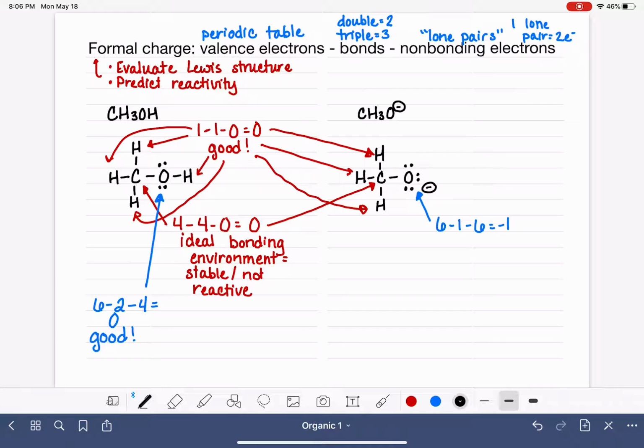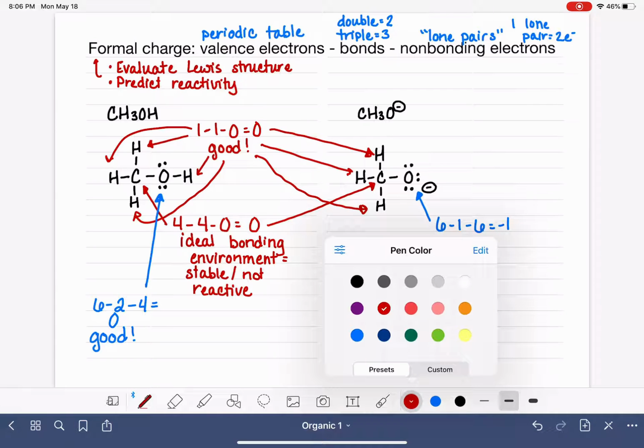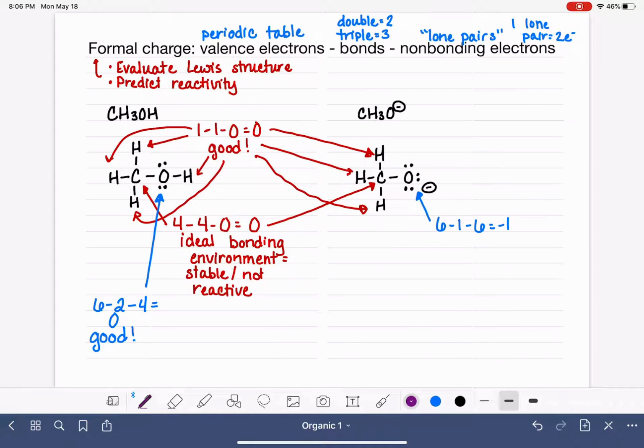So what does that mean that this oxygen has a formal charge of -1? It means that this oxygen is unstable. The oxygen is unhappy. There's something wrong with its bonding environment. The formal charge makes this oxygen atom reactive. It wants to do something to get its formal charge back to 0.